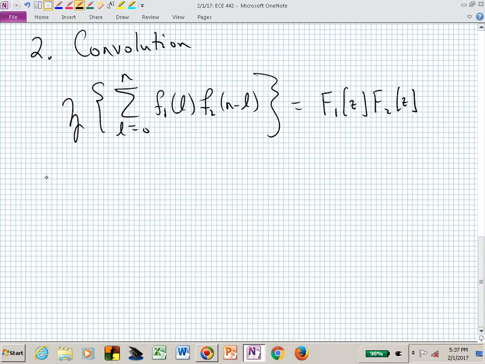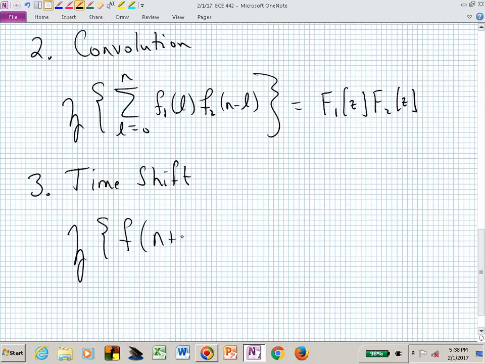One of these theorems that we've already been using, and you will use all the time in this class, is the time shift theorem, which says that if we look at the Z-transform of a time sequence f, let me identify what these different variables represent in the argument of f.